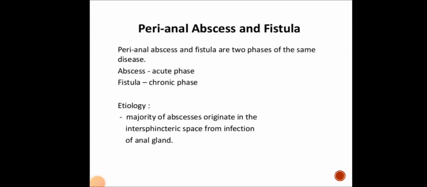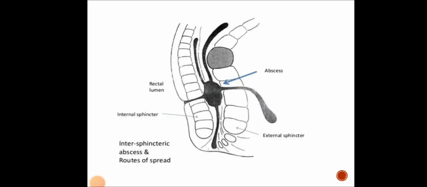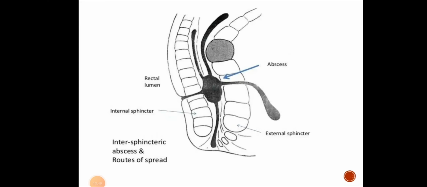Next, it is about the ischiorectal abscess. That is the cause, when we see, it can be the extension of an anal gland inflammation laterally through the external sphincter. Ischiorectal it is. So again, based on the position, it is considered as ischiorectal abscess.